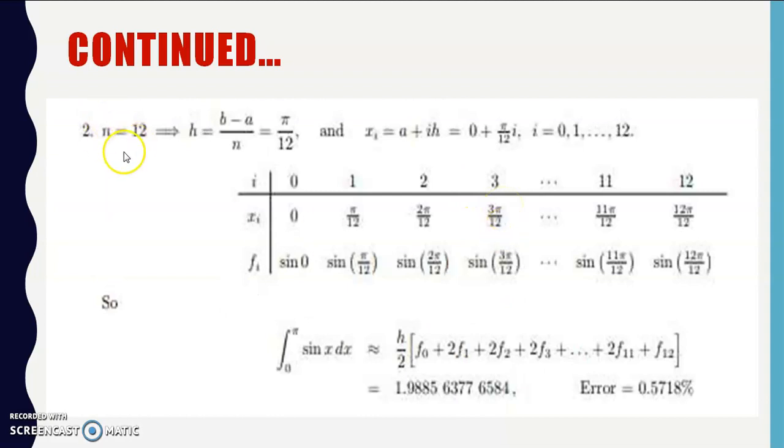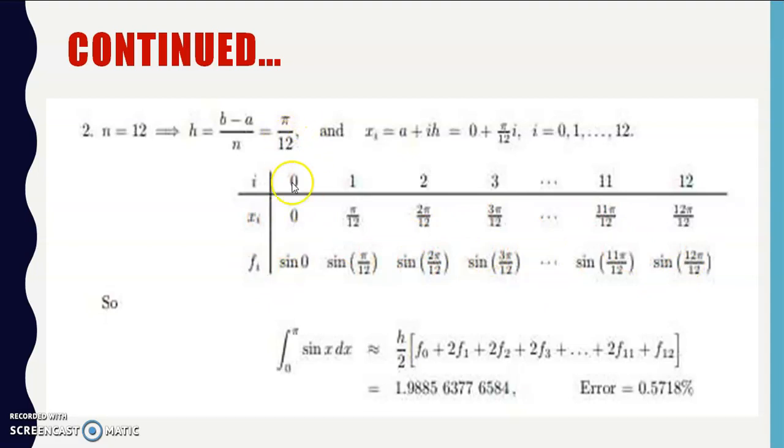Now, second part, when n equal to 12, then h is b minus a upon n. That means pi minus 0 upon 12, so pi upon 12. Again, we have to find x values and y values. So that means we have to prepare this table. Again, start from the lower limit. So 0.